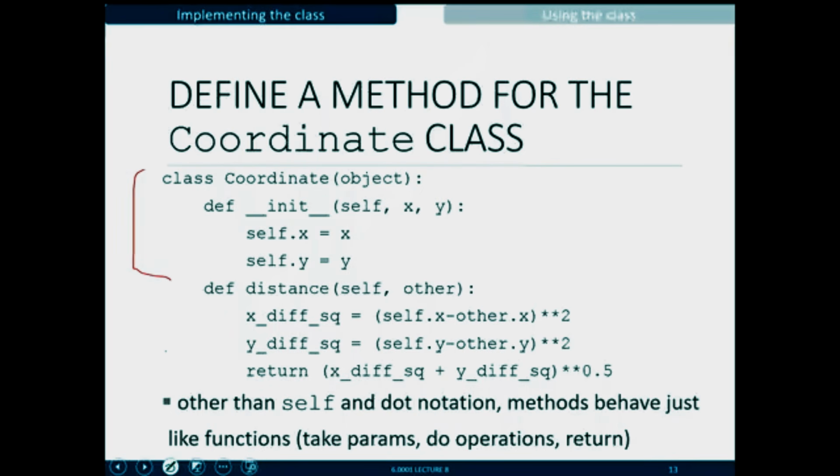Remember, self, the first parameter, is always going to be the instance of an object that you're going to perform the operation on. By convention, it's always named self. Then for this particular method, I'm going to give it another parameter, and I can name this whatever I want. I'm naming it other. And this is going to represent the other coordinate object for which I want to find the distance from myself.